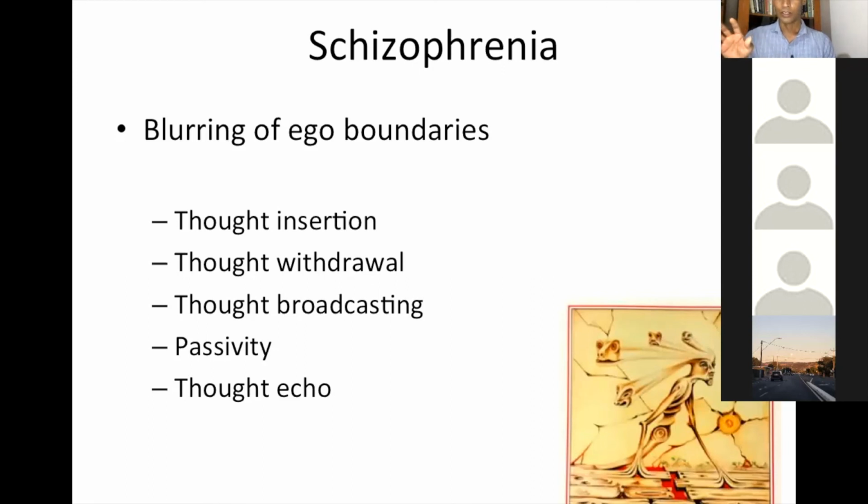The patient's limbs are continuing onto the floorboards. The person is blended into his environment. So this could be an expression of this blurring of boundaries. So schizophrenia in this sense is a special kind of psychotic illness when you have this kind of symptoms. Any questions on this?